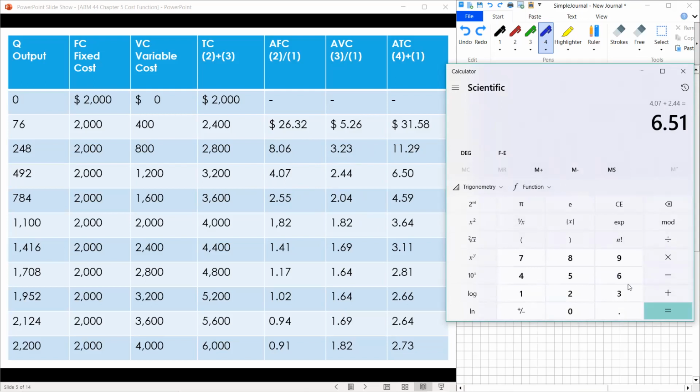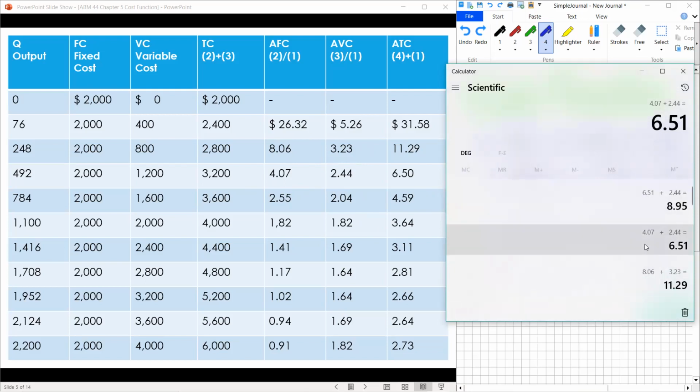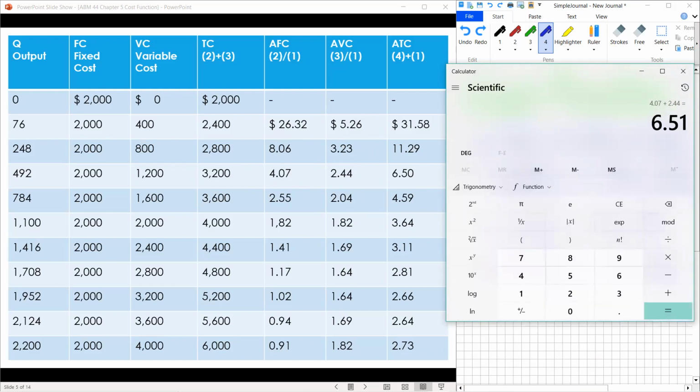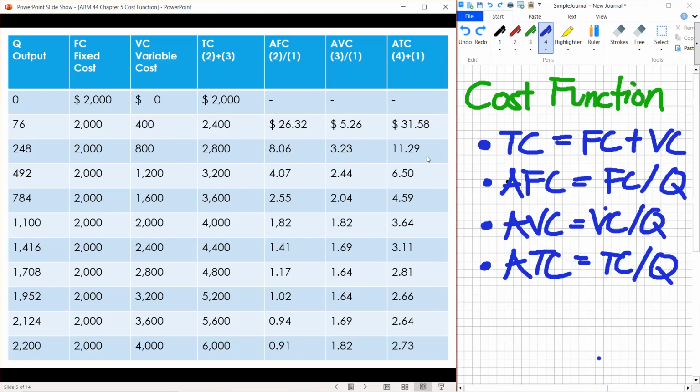So you'll get 6.51. Maybe you should round it up. That's how simple it is to get ATC, and how to complete the table.